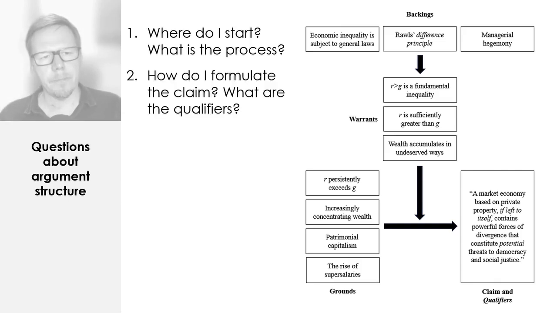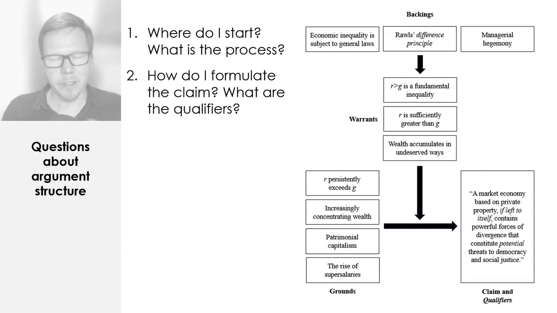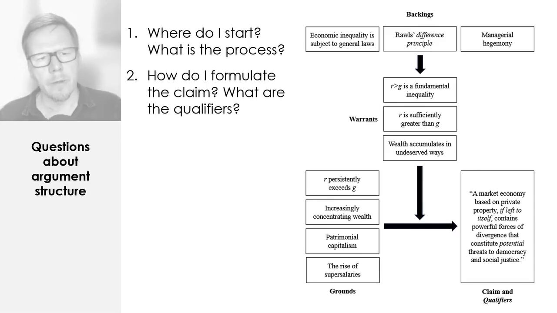Well, no matter what the process, at some point, you have to formulate a claim. Again, make it explicit. Make sure that your reader will find it, maybe twice, first in the introduction, then in the conclusion.